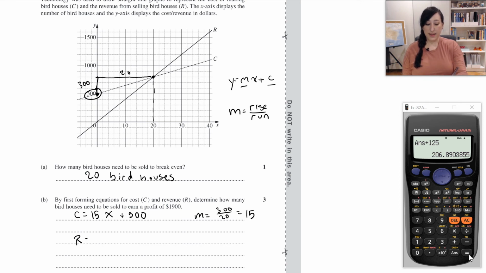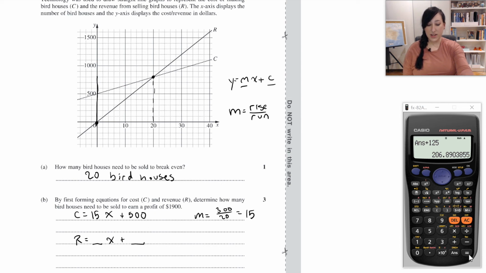All right, R equals, and it's also a line, so it's going to be the gradient x plus the y-intercept. So once again, we'll look for 2 points on the revenue line. So once again, we can use the point at the beginning and the break-even point. So from point to point here, we're going to be going up 8 ticks.